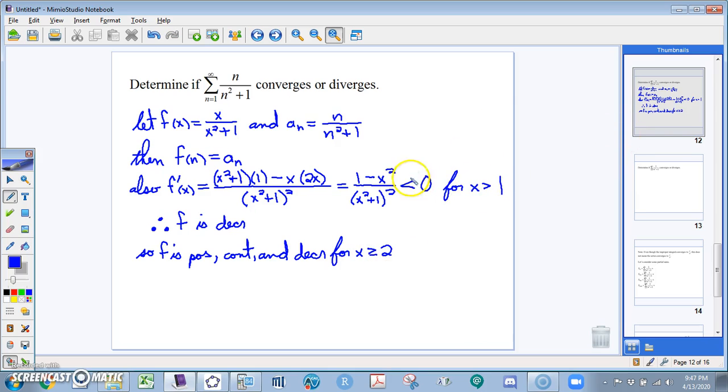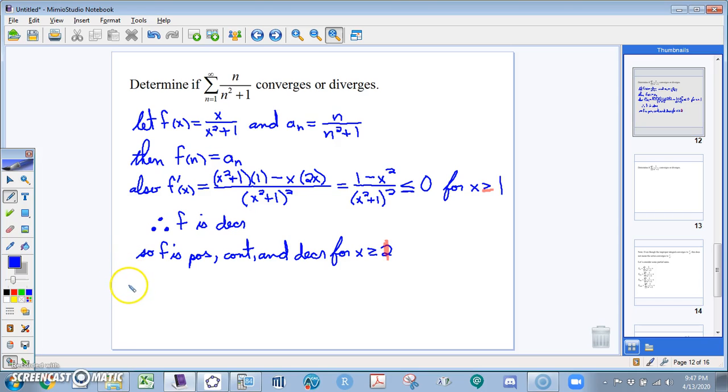And in fact, at x equals 1, it's 0. So we could just put a less than or equal to 0 here, and then that would give us the ability to just say greater than or equal to 1 here. If the derivative is 0, then technically you're not decreasing, but it's only at x equals 1 that happens. So it's decreasing starting at 1 and continuing.